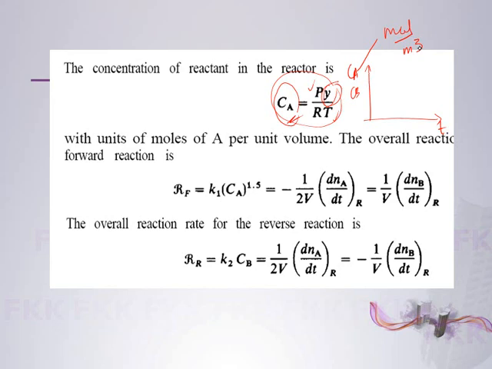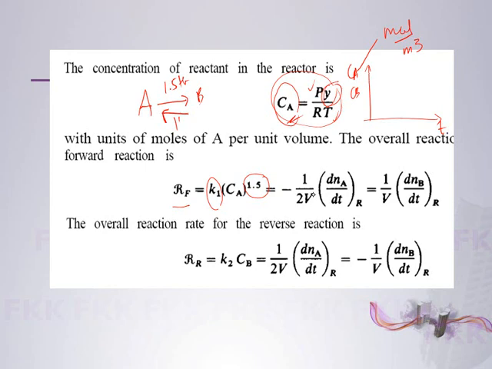Okay, the rate is this one, RF forward. Remember, A going to B. So this is K1 Ca to the power of 1.5, because here is 1.5, this is 1, right? So it equals minus 1 over 2V. We have gone through this one. So minus 1 over 2V.